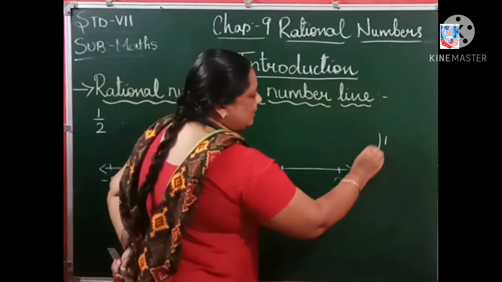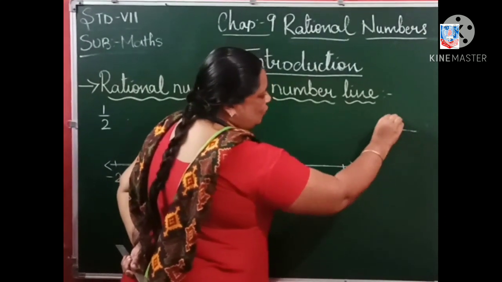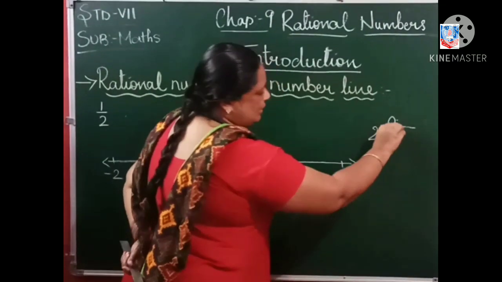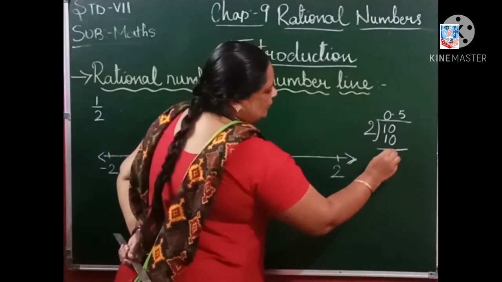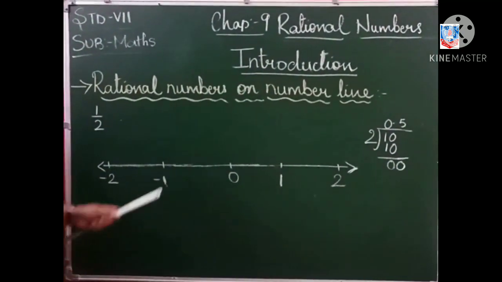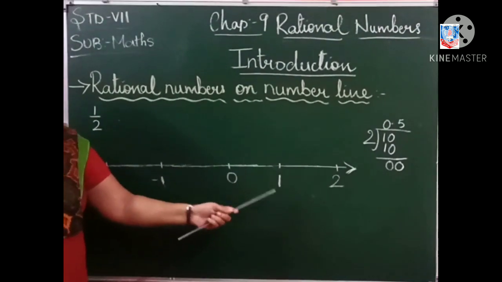We will divide 1 by 2. See, 0, then point, here you will put 0. 2 5s are 10. Now see, 0.5. That means this will come between 0 and 1.